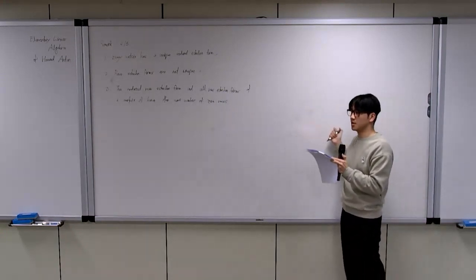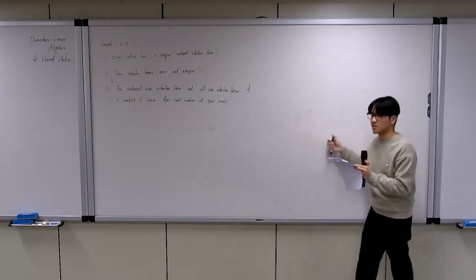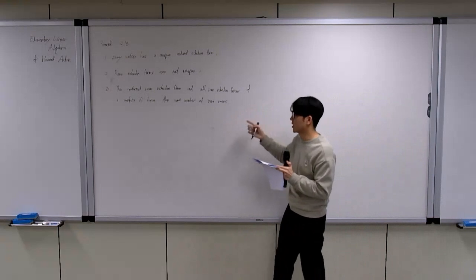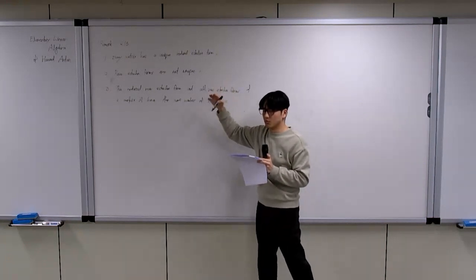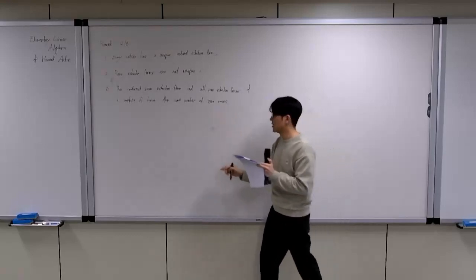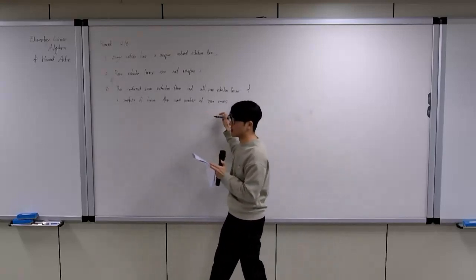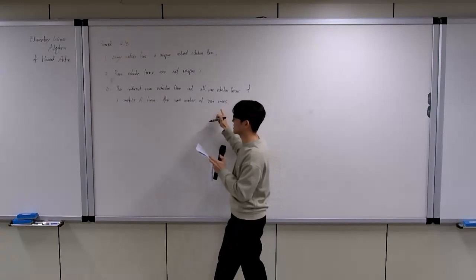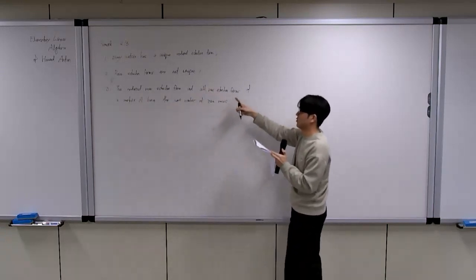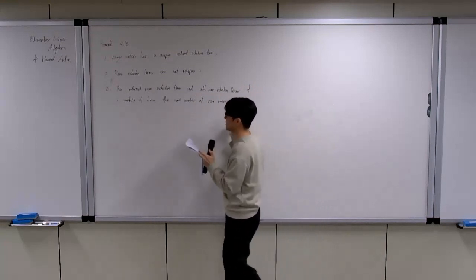If we take the second property of the reduced row echelon form, we will move the zero rows to the bottom, and the number of zero rows is the same for the reduced row echelon form and any row echelon form.